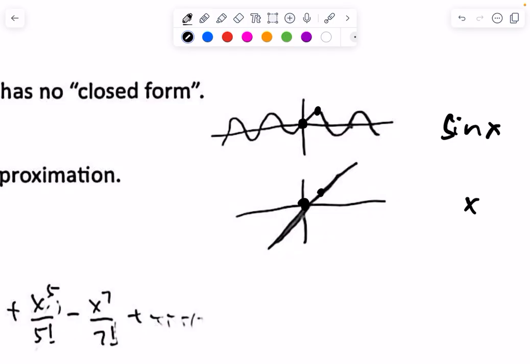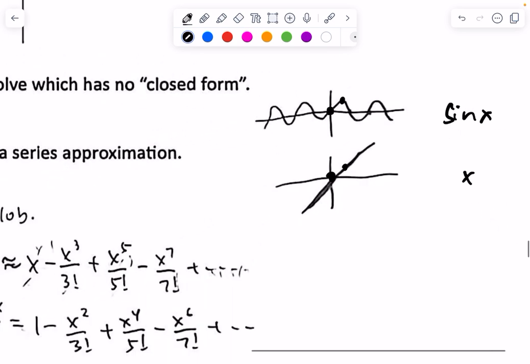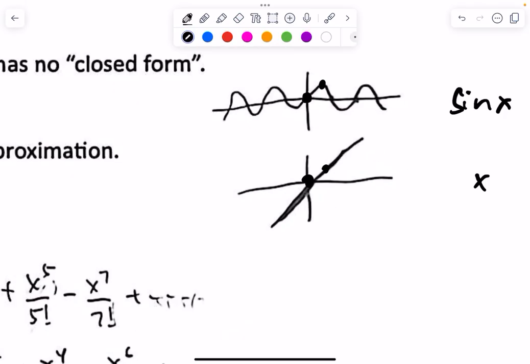Sine x always stays within the bounds of 0 and 1, while y equals x goes upwards to positive infinity and downwards to negative infinity. So our function sine x over x is going to be very, very close to the x-axis.